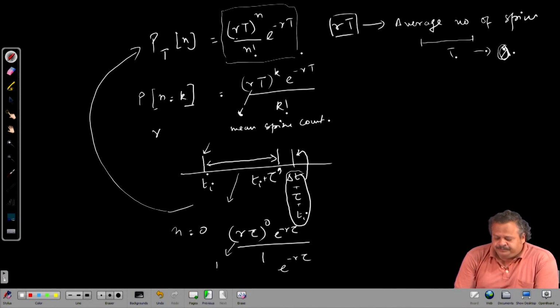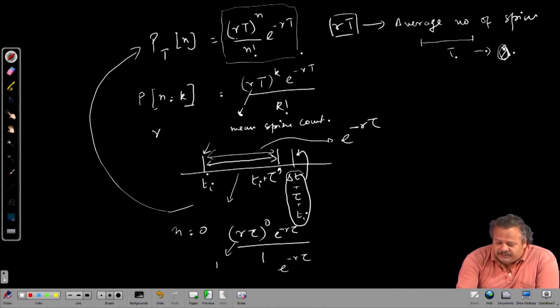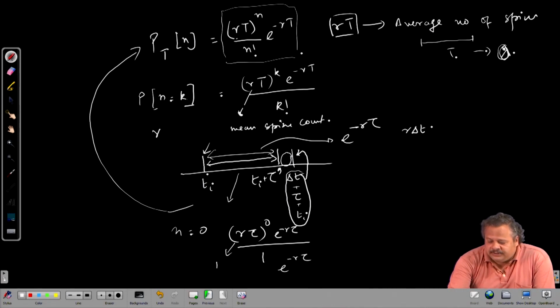So the probability of not observing a spike here is e to the power minus r tau, and the probability of observing a spike in this delta t window we already know is r delta t. So the overall probability is r delta t times e to the power minus r tau.